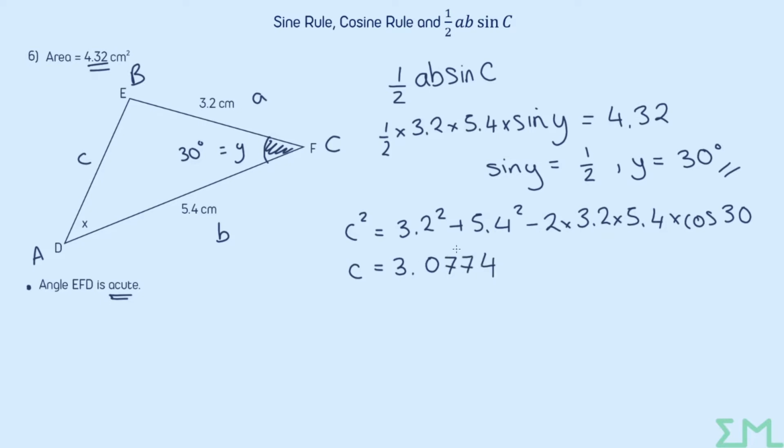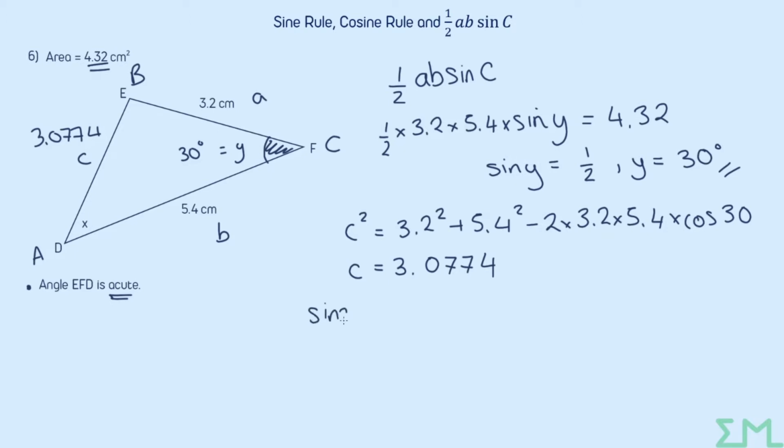Again, I'm going for a few extra significant figures than what I would be looking to give my answer to, so that I can avoid any errors carried forward in those first 3 significant figures. Okay, now I know that this is 3.0774, then I do have enough information to use the sine rule.